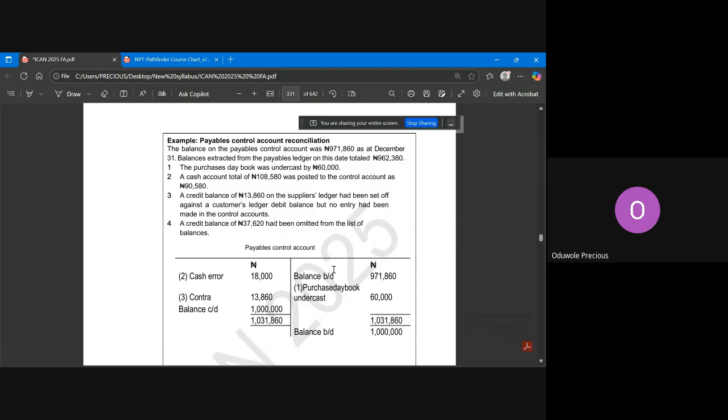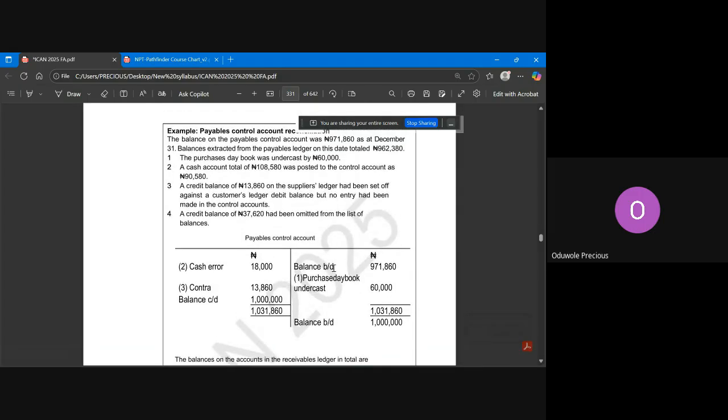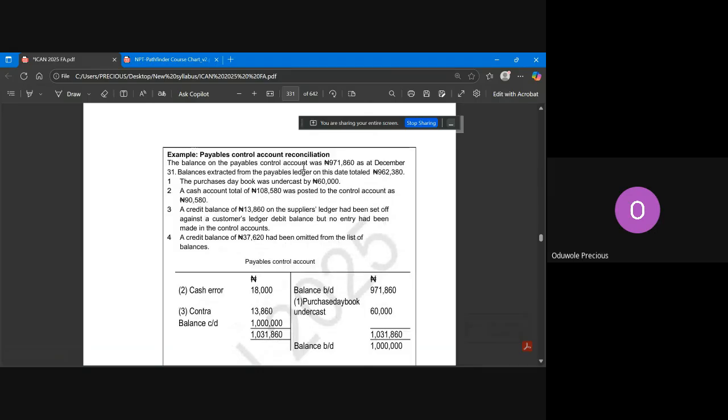The question says the balance of the payables control account was 171,860 as at December 31st. Balances extracted from the payables ledger on this date totaled 160,380. So they've already given us balances for both.